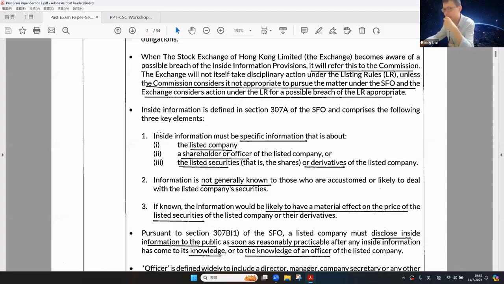Secondly, the information is not generally known to those who are accustomed or likely to deal in the listed company's securities. Thirdly, if generally known, the information would be likely to have a material effect on the price of the listed securities of the listed company or their derivatives.